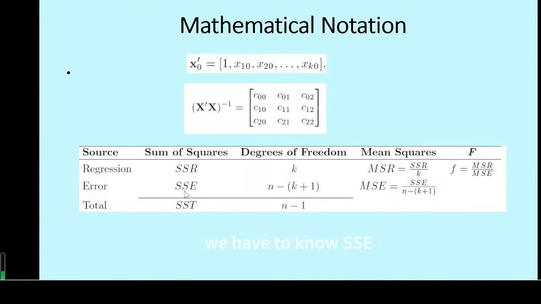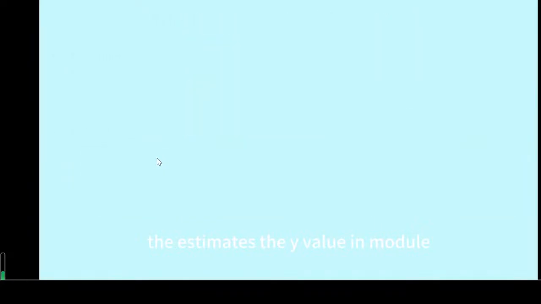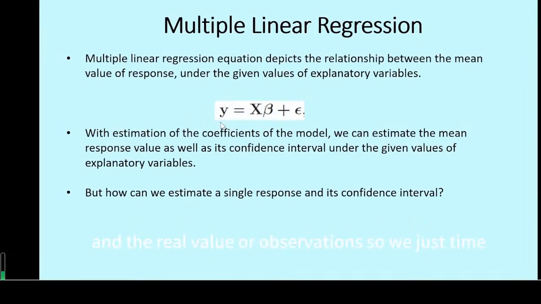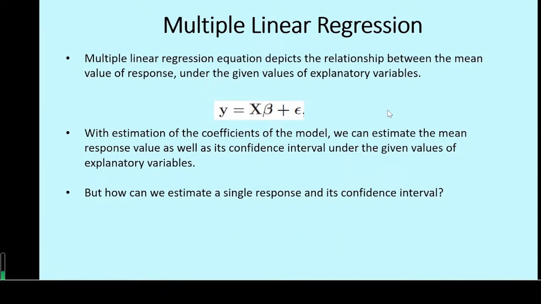We have to know SSE. SSE is the sum of squared error. So what is error? Error is the difference between the estimated Y value in the model and the real value or observation. So we just multiply X and beta, and we will get the Y hat, the Y estimated value. And the observation is Y. So their difference is error.